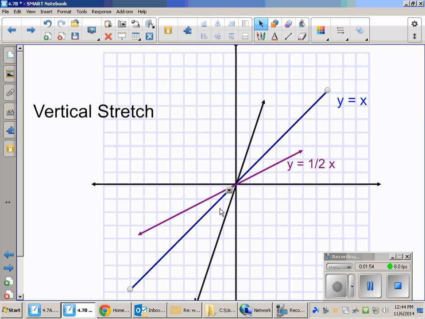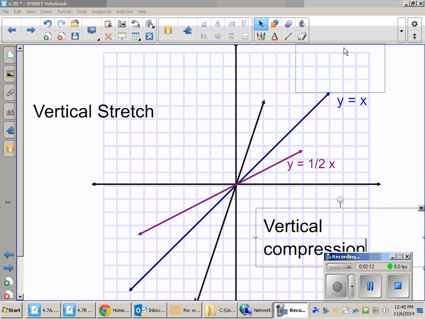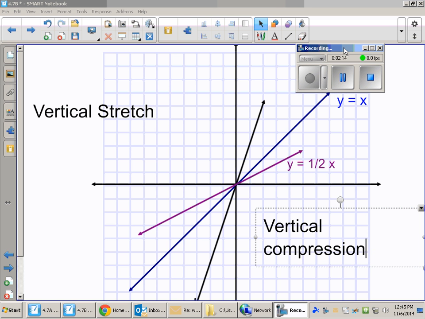And then the opposite is true with the purple line, but instead of stretching it, I compress it. So if I vertically shrink this, it compresses. So we would call that a vertical compression. We'll take notes on this a little bit later, so don't worry about trying to get it all written down right this second.